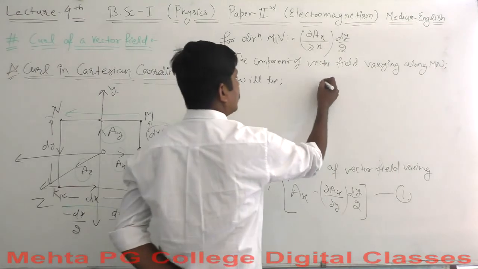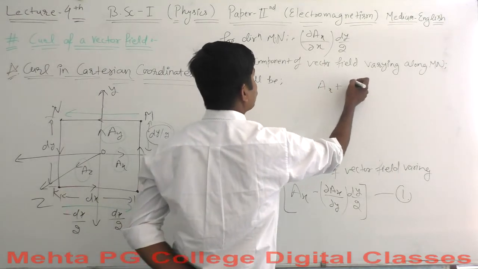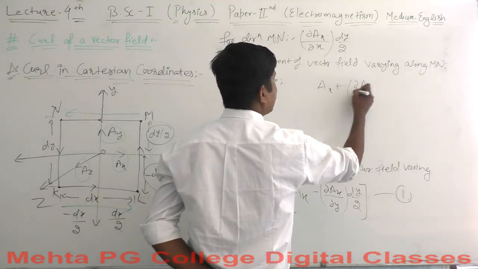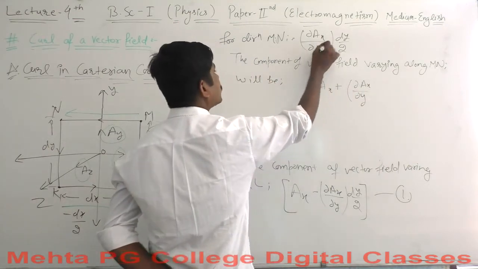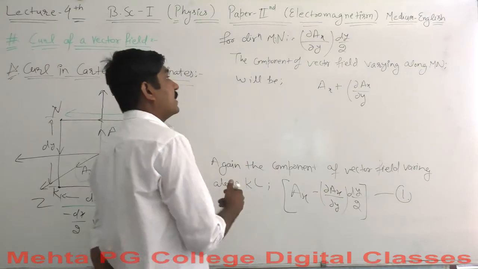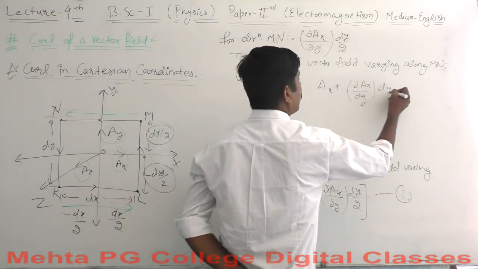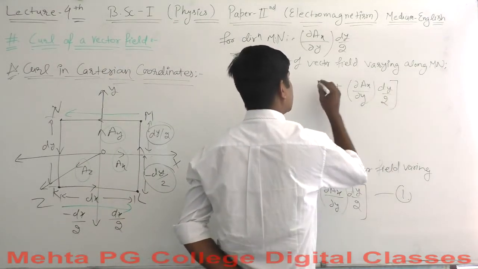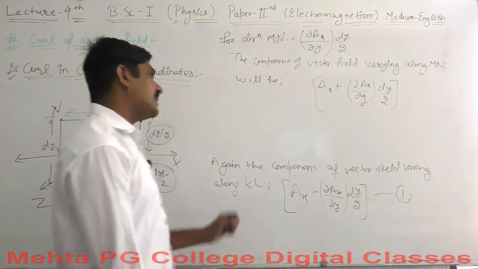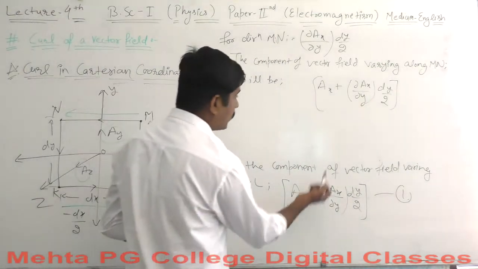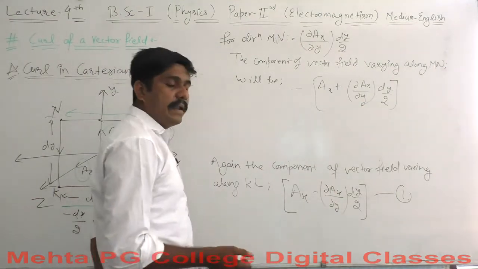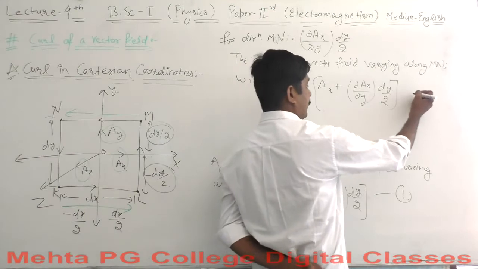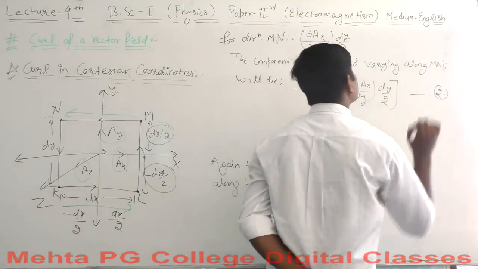That would be Ax plus curly Ax over curly y, sorry, curly y dy by 2. So this would be the change, but there is certainly a difference here, not only this minus sign, but it will be in the negative direction. So this would be equation 2.